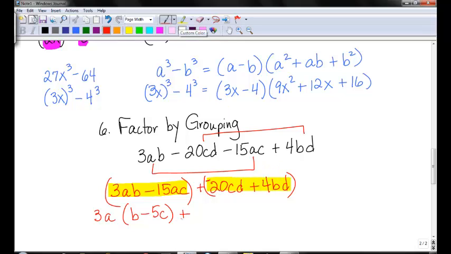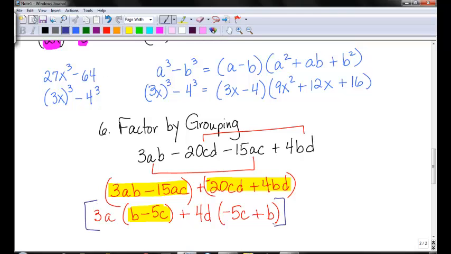And I want to try to get this as the common factor. Okay? So 4d. I take out a positive 4d, and now what's left? And that's what I want. Plus b.